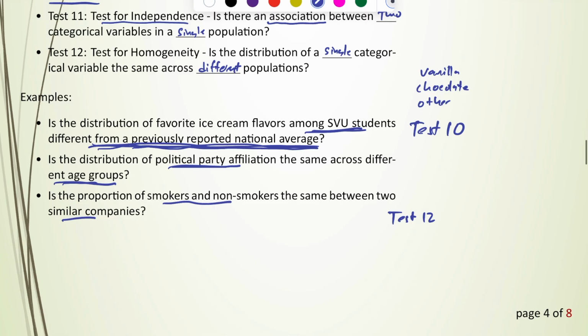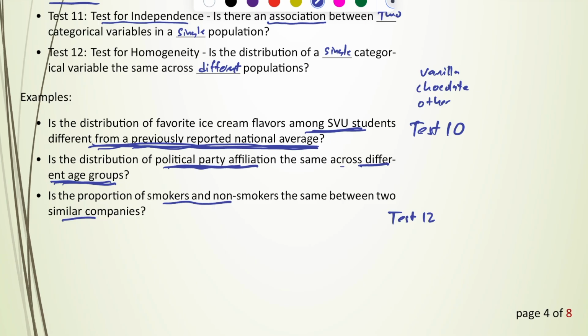So you could think of political affiliation and age groups as 2 categorical variables. What age group somebody's in, that's a categorical variable. Their political affiliation, that's another categorical variable. And there's just one population of all these people of different age groups, different political affiliations, but it's all just one big group of people.